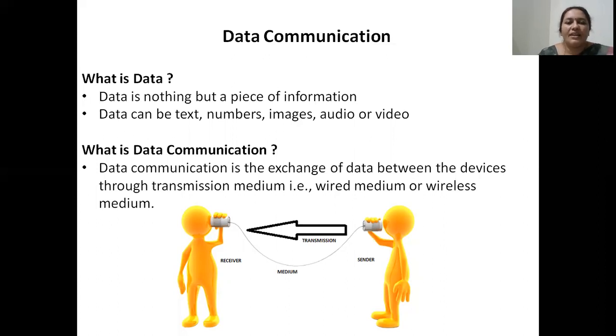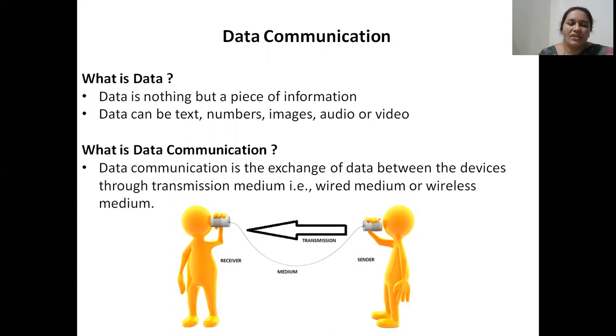Now, what is data communication? Data communication is a technical name which is given to the exchange of data between the devices through transmission medium. The transmission medium can be wired medium or wireless medium. If you observe this picture, the sender is sending some information or message or data to the receiver using the transmission medium.